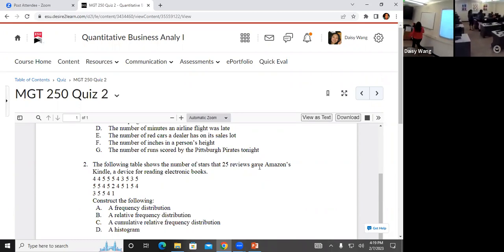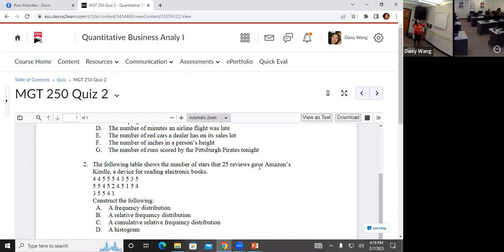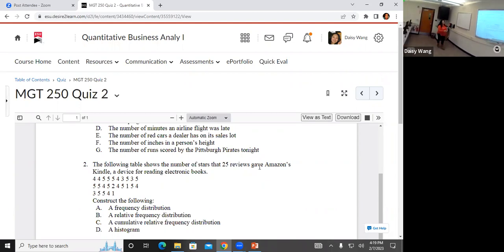Yeah, 12. Okay, so when we add it up, the first thing we want is the frequency distribution. So this is the frequency: 2, 1, 3, 7, 12. Okay, for the relative frequency, the total is 25.